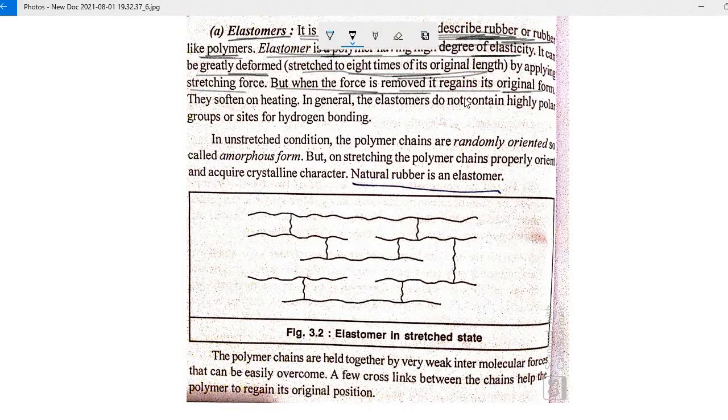Okay. It regains its original form. This is known as elastomers. So this is the basic structure of the elastomers. Stretched state. Stretching केल्यावर असं structure दिसतं. Okay. So natural rubber is an elastomer. So the best example for this polymer is rubber.